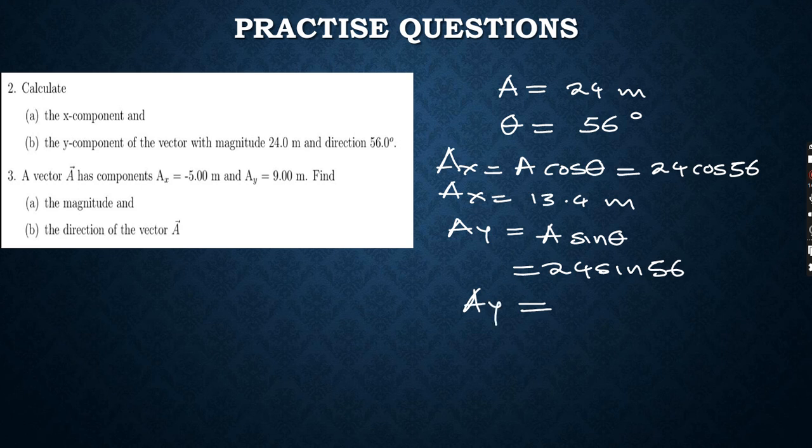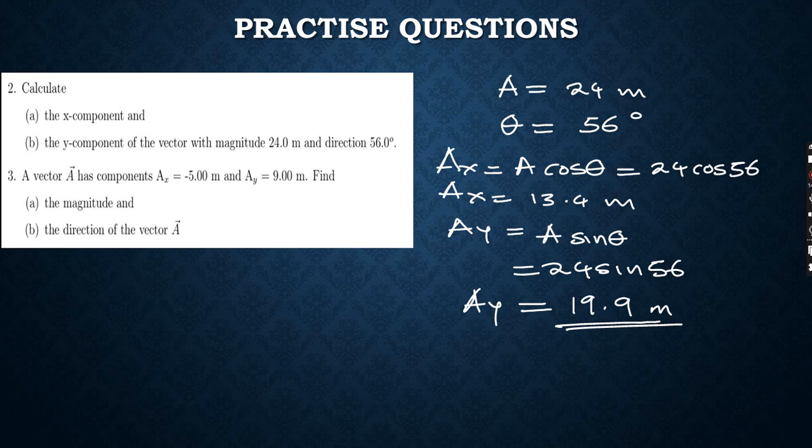Somebody give me the answer. 19.8969. 19.89. Let's write it as 19.9. It's you guys who are giving me these answers. So this is how you find the y component.